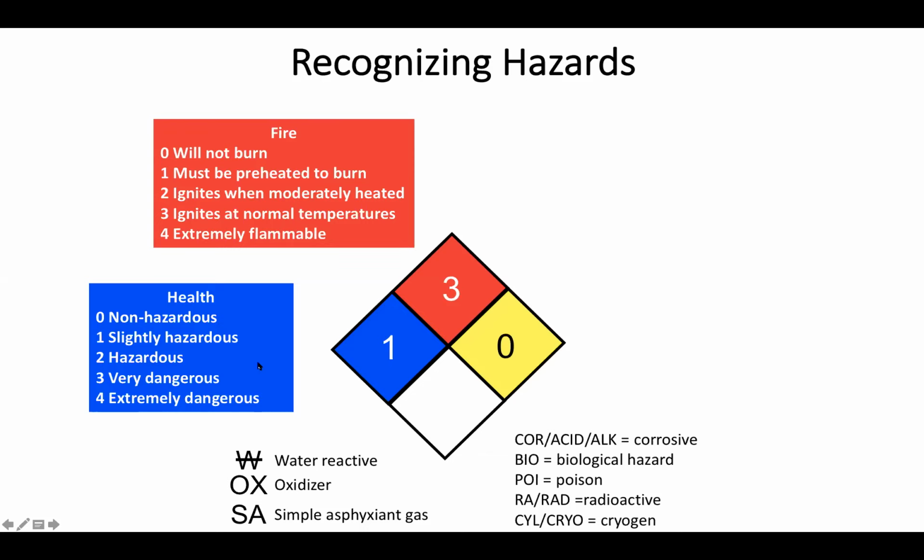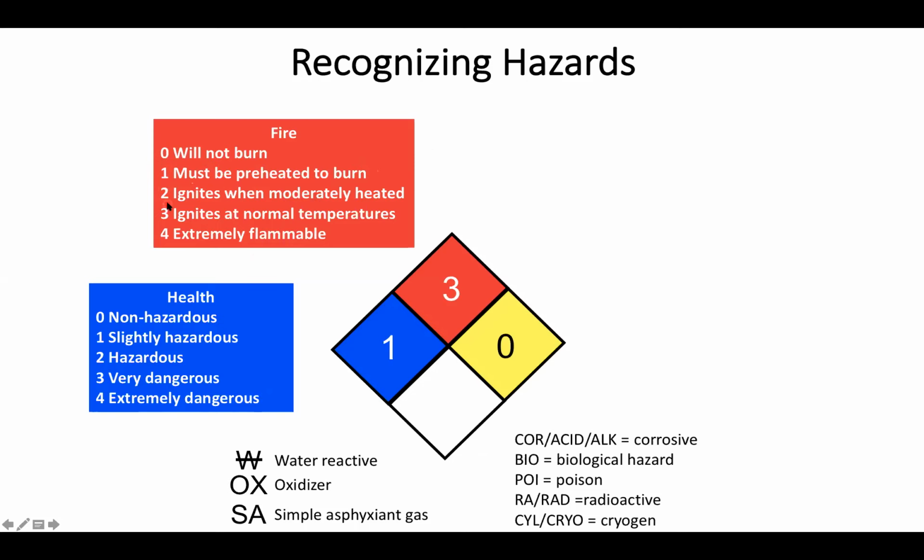Similarly, we have our classic fire rating. So 0 means it will not burn, pretty much even if I take an ignition source to it. 1, essentially, I have to heat it up before I hit a flash point. So again, this is going to typically belong to species with flash points above room temperature.